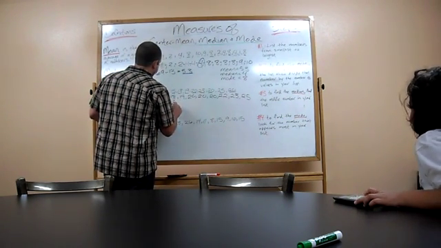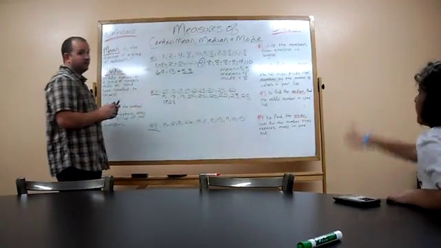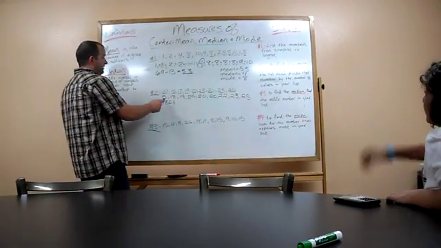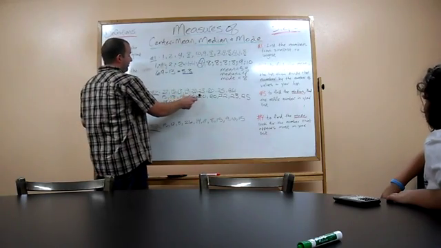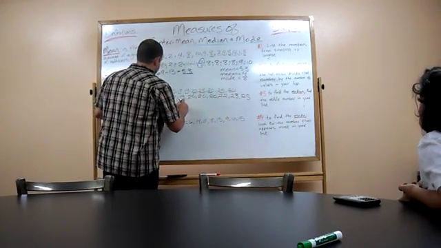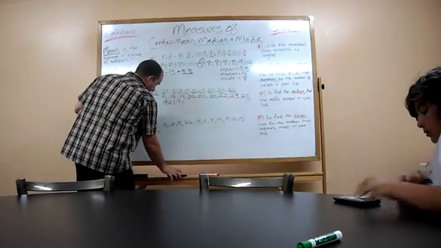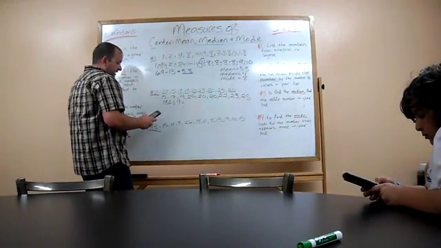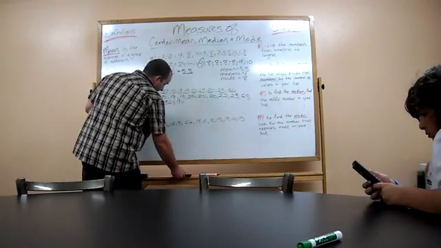Then we're going to divide that by the total number of values in our list, which is 1, 2, 3, 4, 5, 6, 7, 8, 9. We can use our calculators again. 182 divided by 9 equals 20.2.